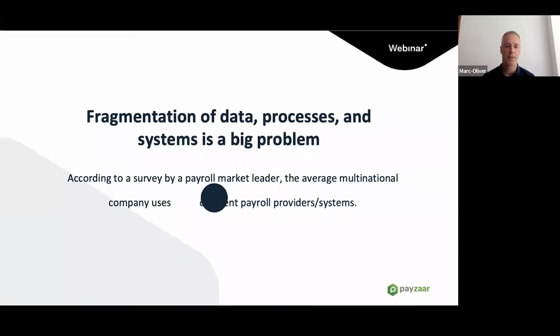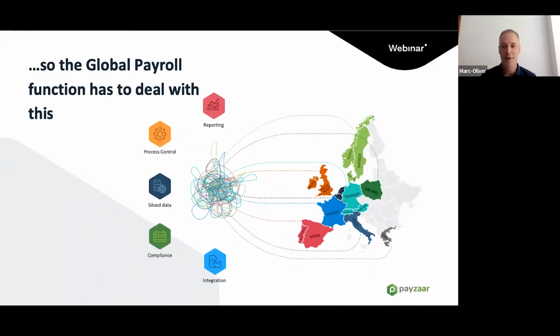You're basically working in a very complex environment. Graphically represented here as this kind of spaghetti image where you have payrolls running across different countries, but no country resembles another, right?